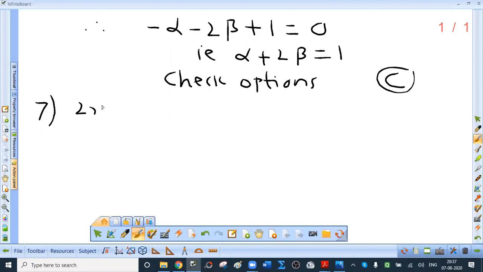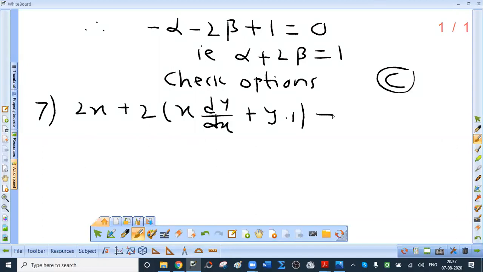Differentiate this. So 2x, okay, plus 2. What is derivative of xy? It is x dy dx plus y into derivative of x, which is 1, okay, minus what? Derivative of 3y square. I write this as 6y dy dx equal to 0.